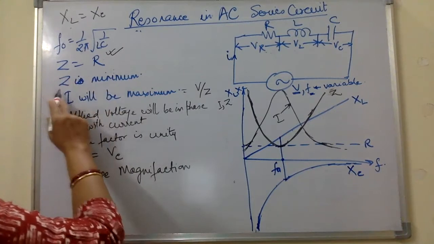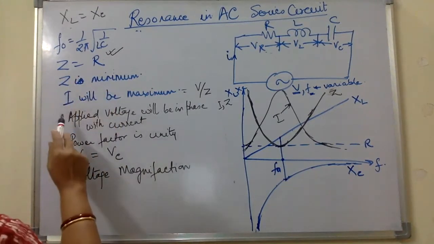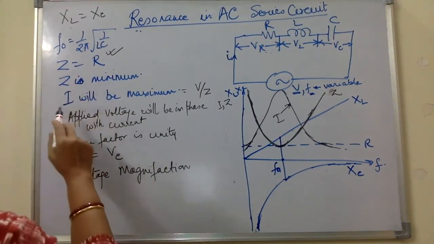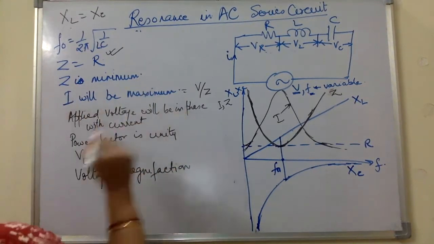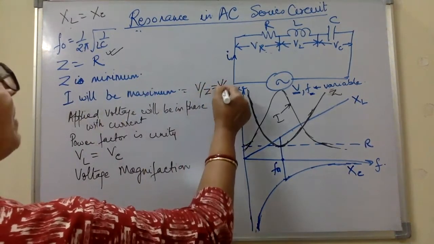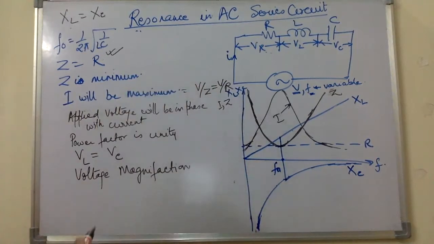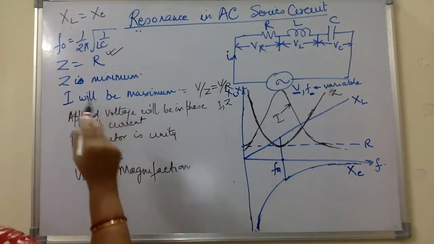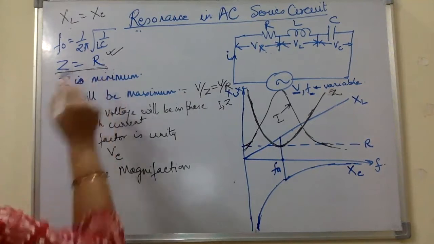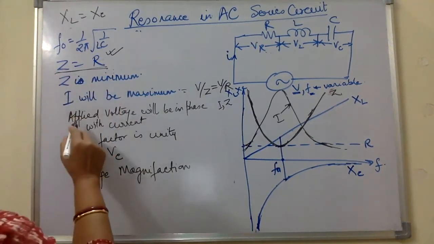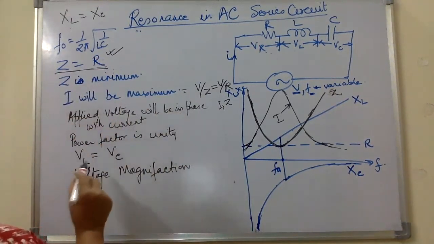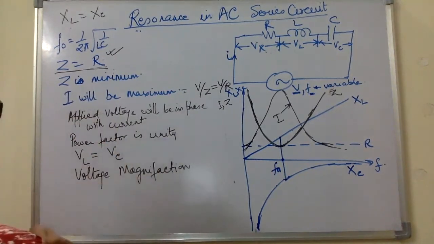This means the impedance is minimum at resonance. Because impedance is minimum, the current will be maximum, that is V by Z, or V by R. Because the circuit is only a resistor, the voltage will be in phase with the current, that is, the power factor will be unity.